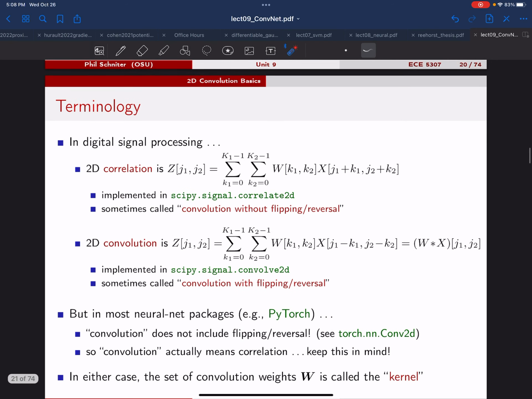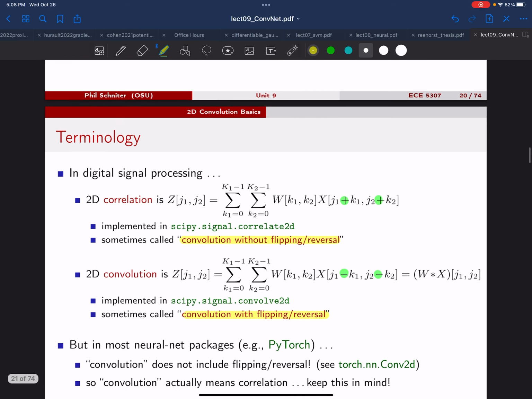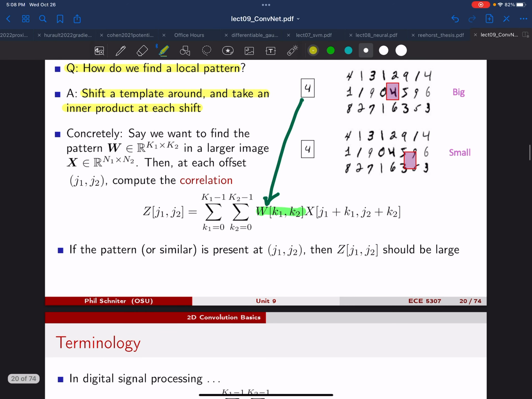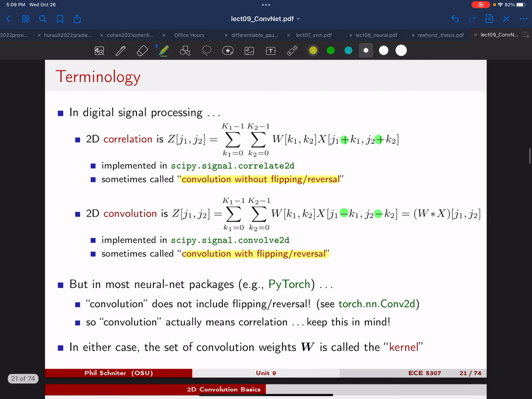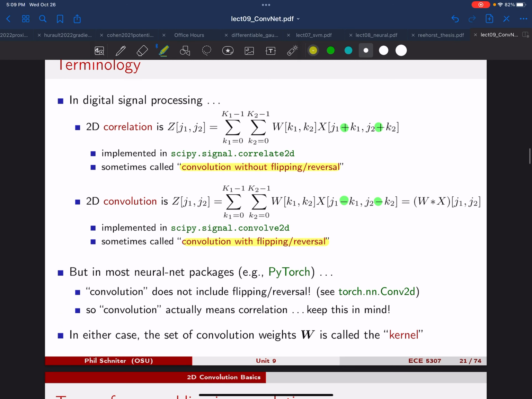So that's the difference between correlation and convolution. Small difference. Sometimes the first one is called convolution without flipping and reversal, whereas this one is called convolution with flipping and reversal. As you can see from this page, we don't really need the flipping and reversal to do machine learning. It's just an extra step that complicates things. So essentially, we don't do it.